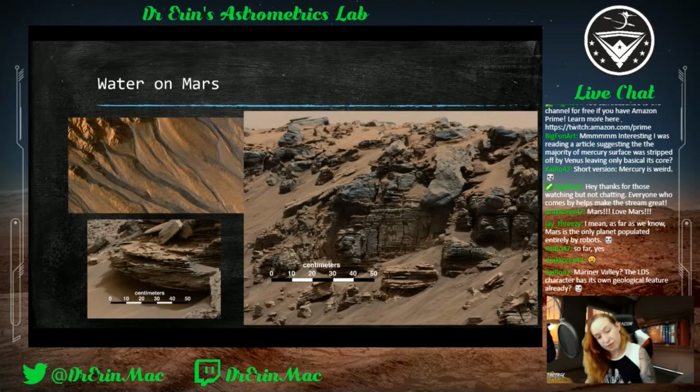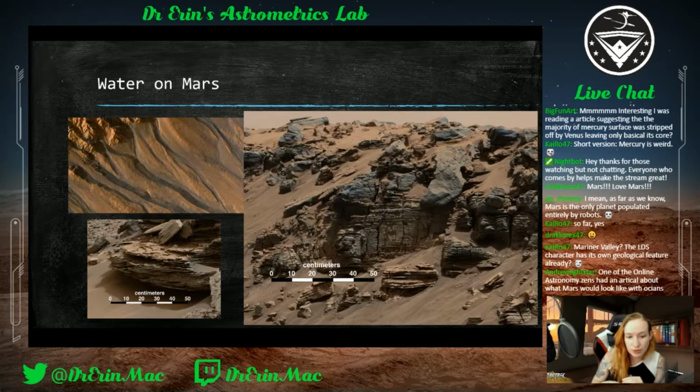Okay, one of the other features that we can see on the surface of Mars is evidence that there was water on the surface. So this is some evidence of water flows on the surface of Mars. This was sort of the first indication that we had. When we first started looking at Mars, we thought that it was a lot like Earth. And I just mean through old Galileo-style telescopes.